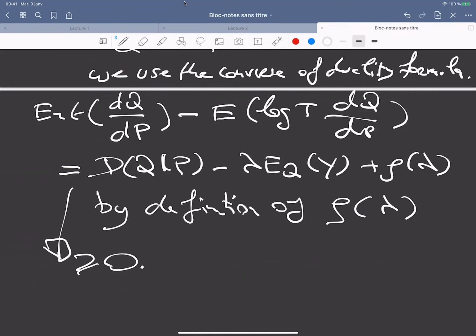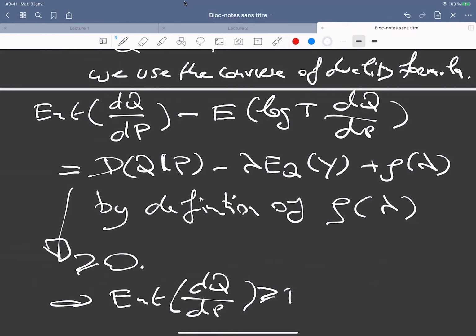And so this means that the entropy of dq over dp is always larger than the expectation of log t dq over dp.